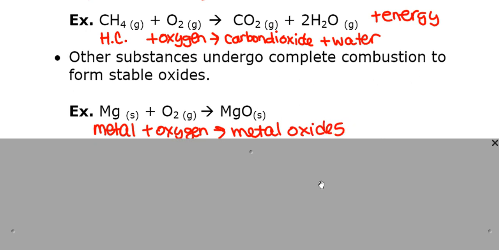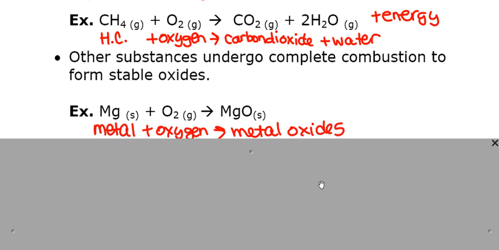And you can think of those things like rust. So rust is a good example where iron reacts with oxygen and it forms iron oxides. Any kind of tarnish sometimes, or a film that can coat different metals, it's because of oxidation reactions.